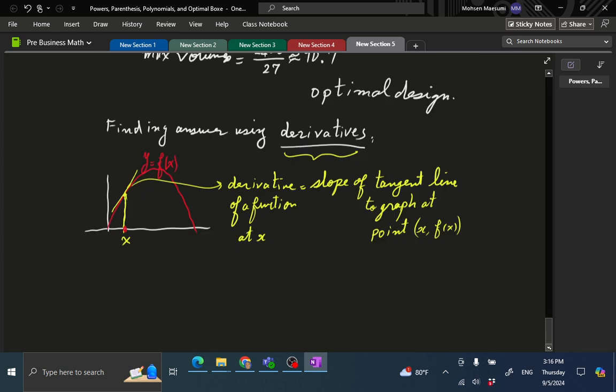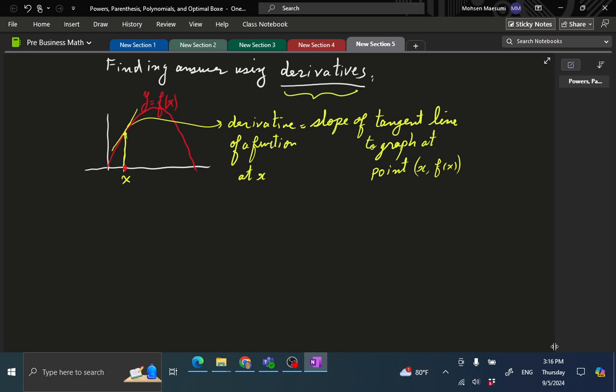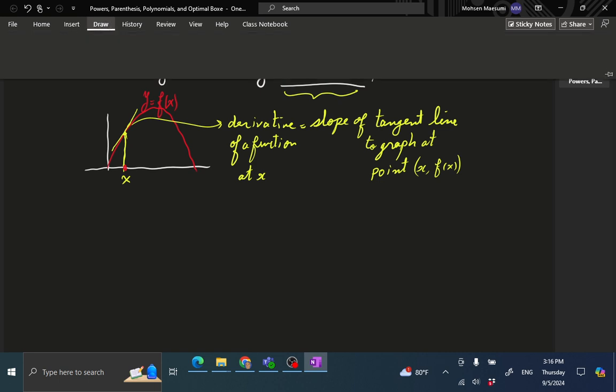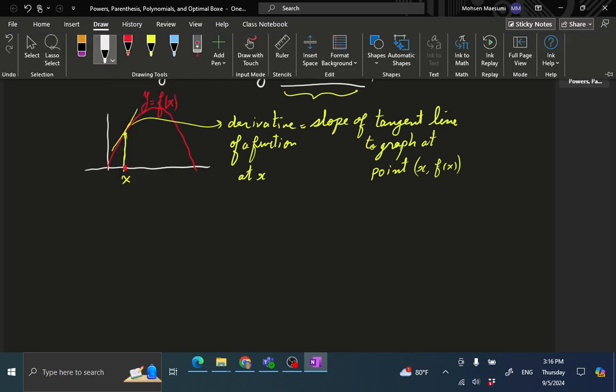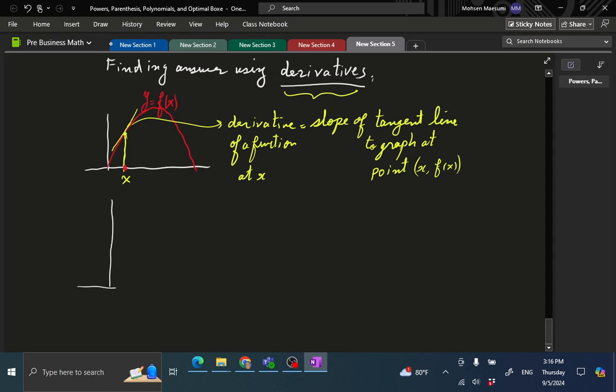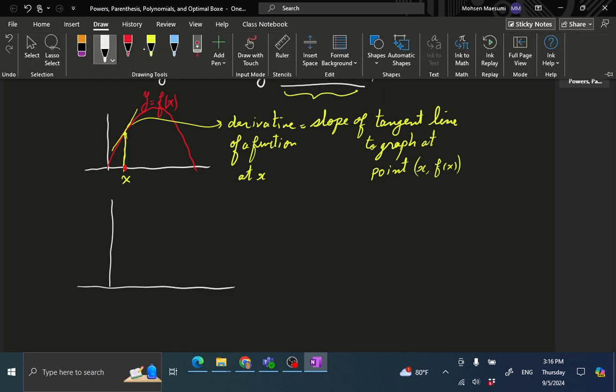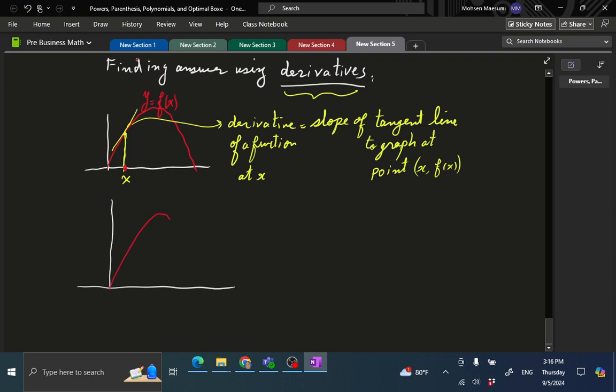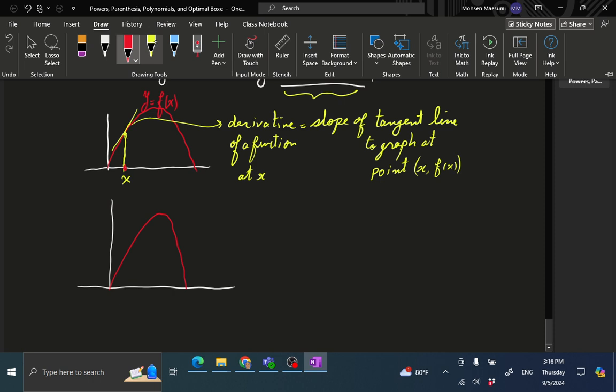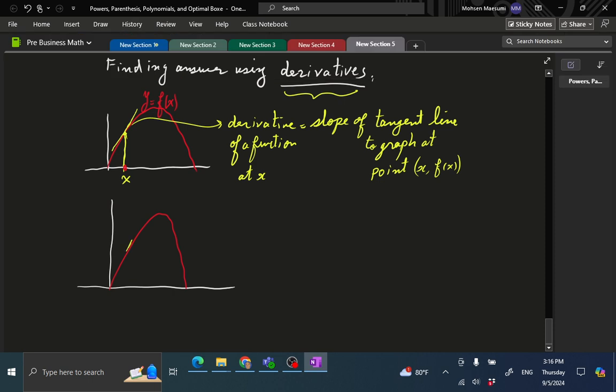Okay, what does this have to do with designing optimal boxes? How is that relevant here? Very simple. When you have a curve like this, what is your slope? Your slope here is positive.